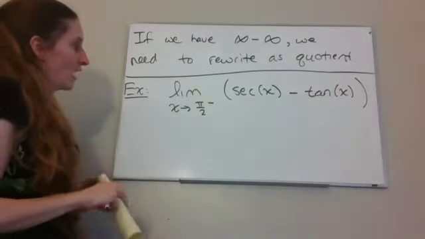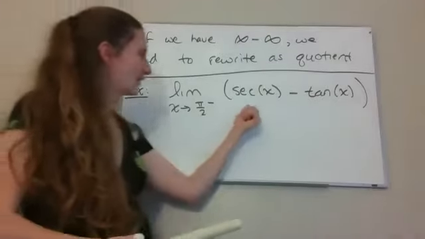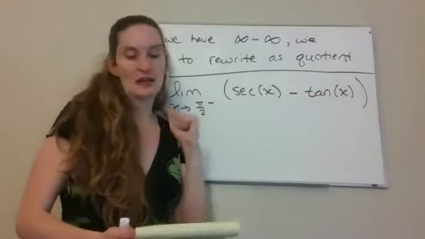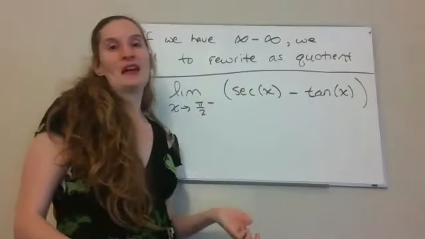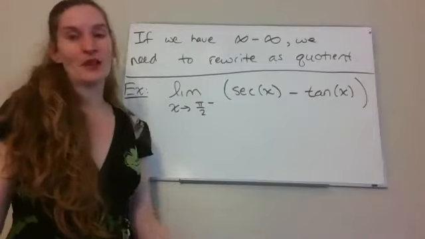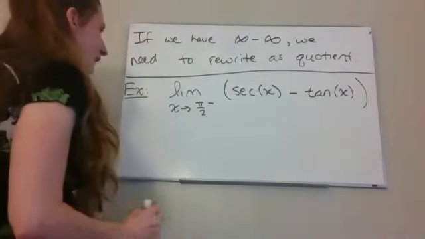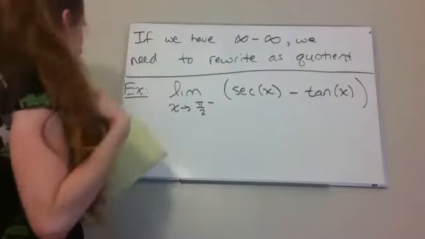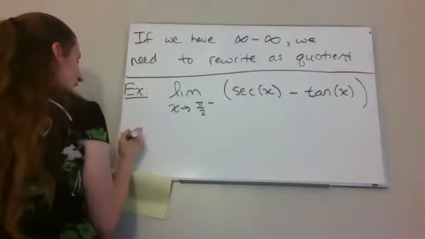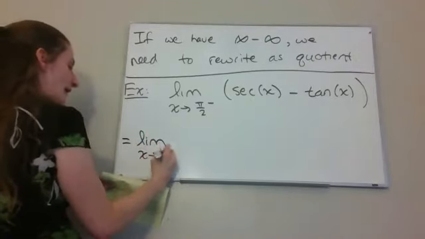Now this, if I try to plug in pi over 2, my secant x goes to infinity and my tangent x goes to infinity. So I'm at an infinity minus infinity situation, and we have no idea what infinity minus infinity is. So we need to try to rewrite this somehow as a quotient. I would suggest with trig functions like this, that you convert it to all sines and cosines before you do anything else.